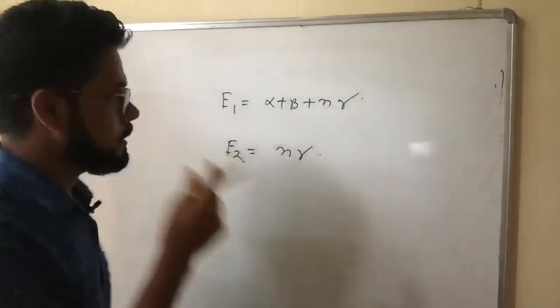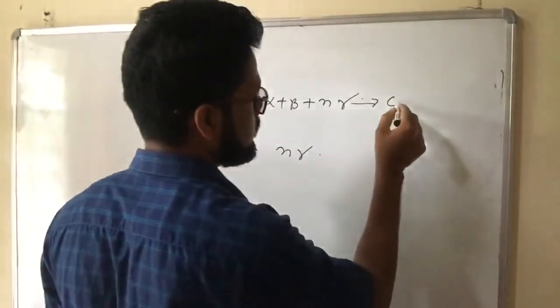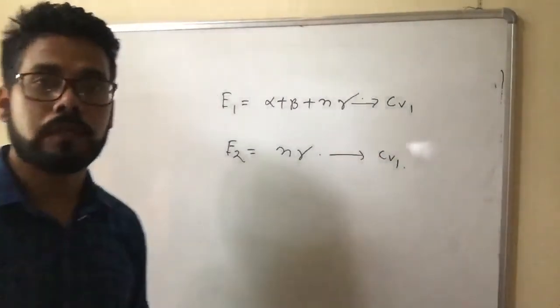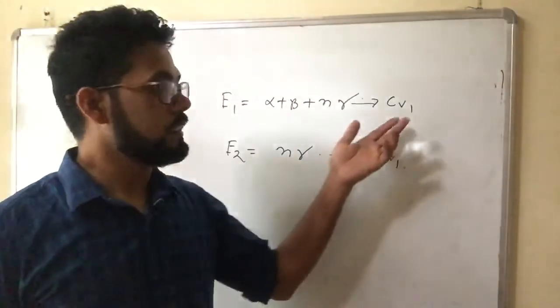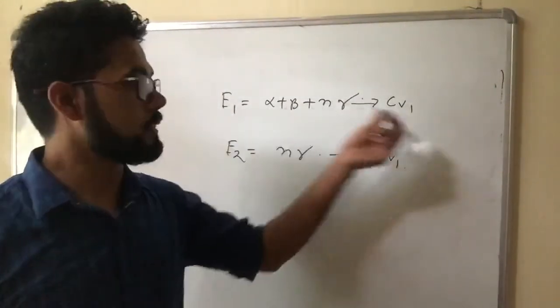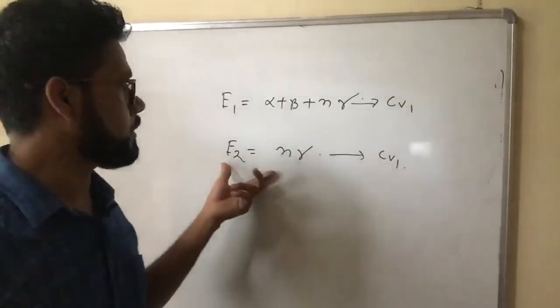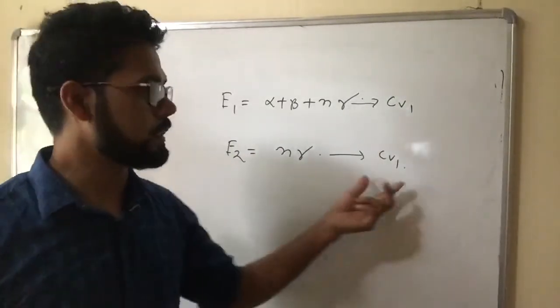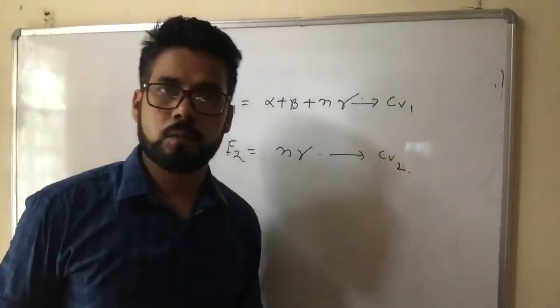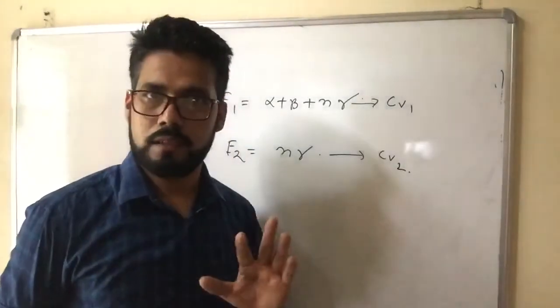Suppose the specific heat is CV1 for one and CV2 for the other. This type of question is often asked. Now my question is whether these two specific heats are equal.